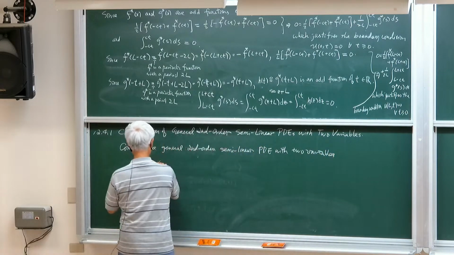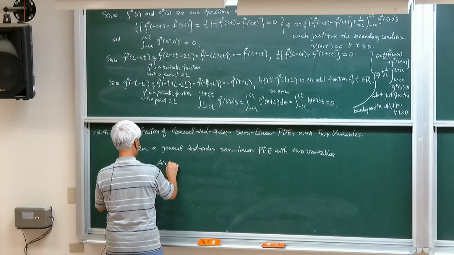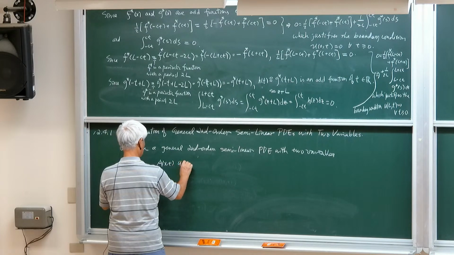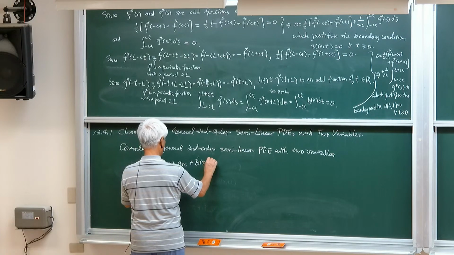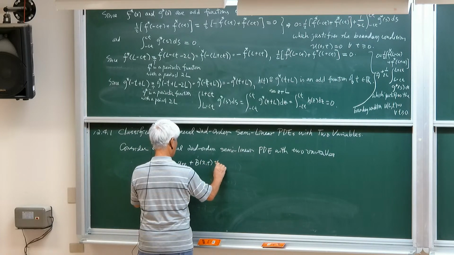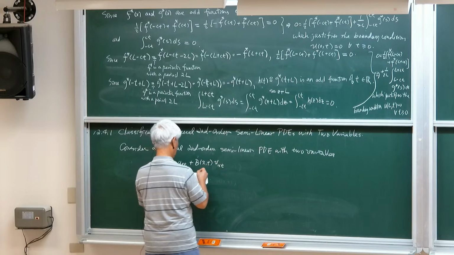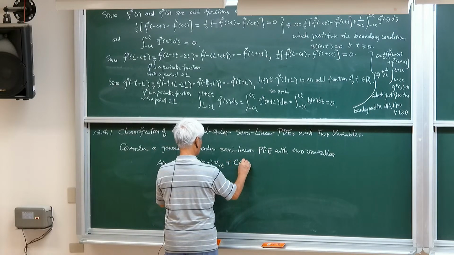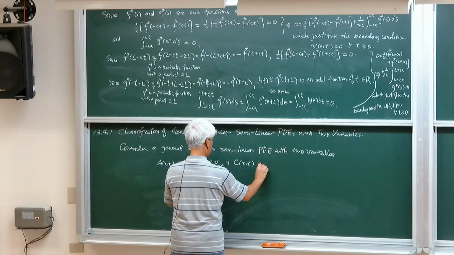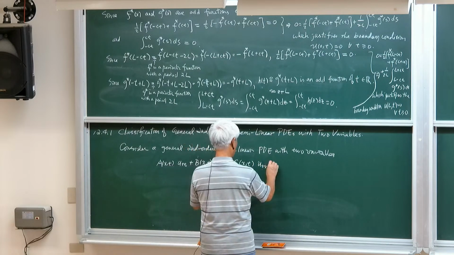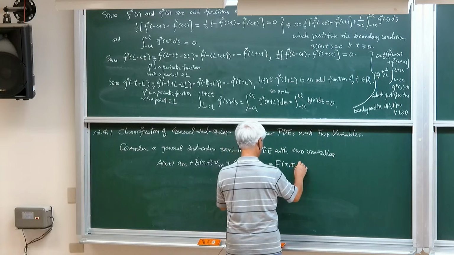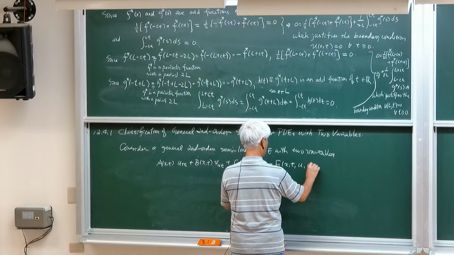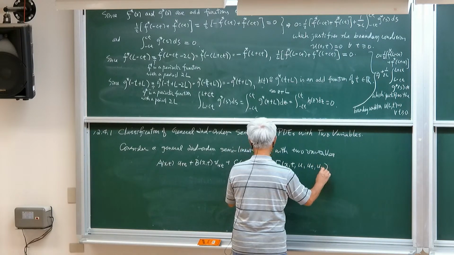Okay, so we have A of x,t and u_tt plus B of x,t and u_xt plus C of x,t and u_xx equal to f of x, t, u, u_t and u_x. Okay.